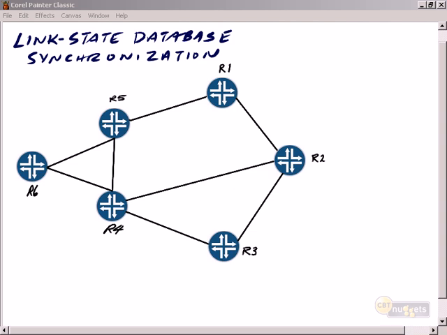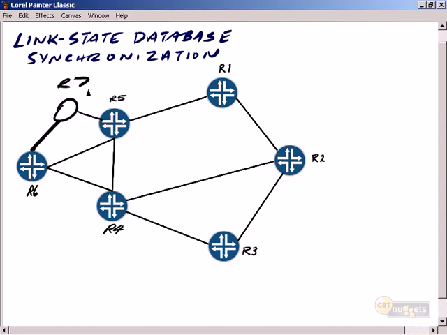Now, when a new link state router, let's add one over here, router 7, comes into the network, it's going to flood its announcements to update all the other databases and all the other routers. But how does this router build its own database? I mean, we could demand that all the other routers reflood their own announcements whenever they see a new router come into the domain, but that would be pretty inefficient.